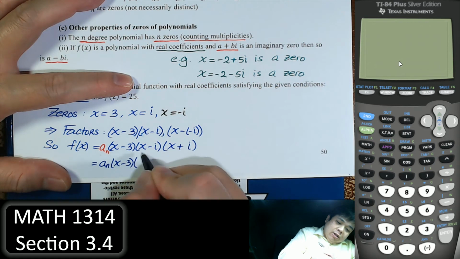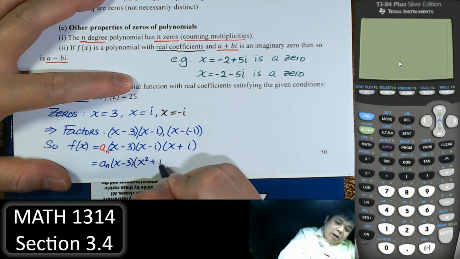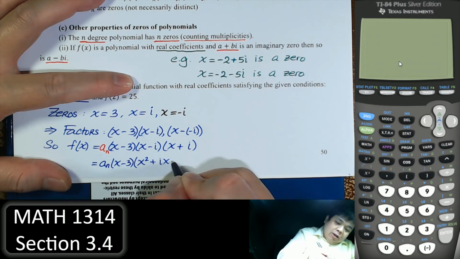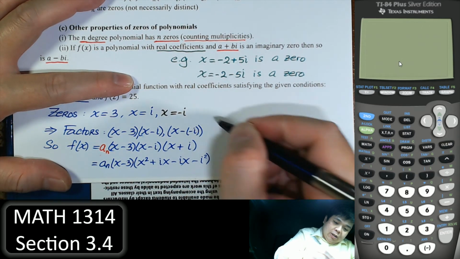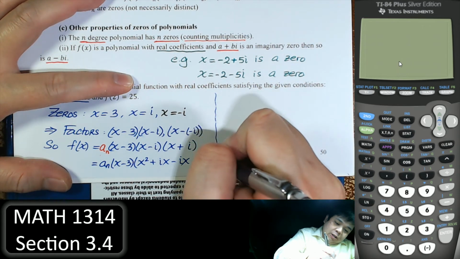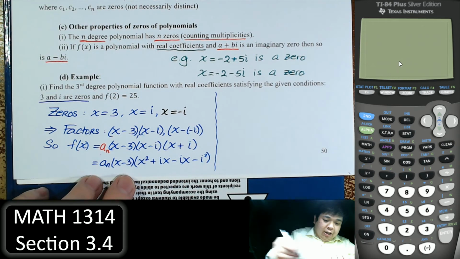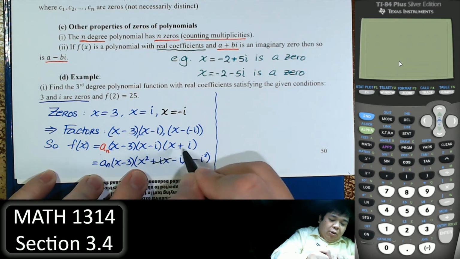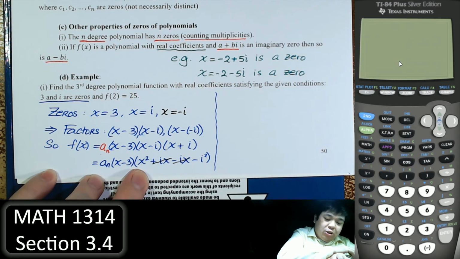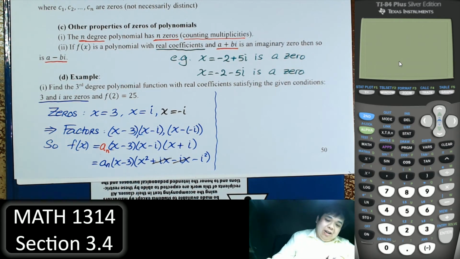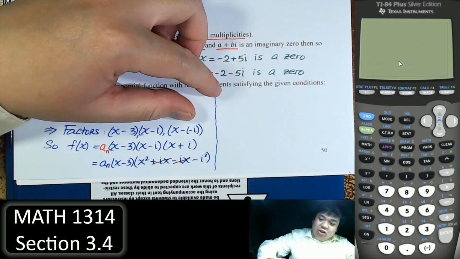Multiply this out. x times x, x squared, x times i and x times negative i, and negative i squared. Always multiply the parts that have the conjugates, the complex solutions, first, because they will cancel out. We should not have any imaginary part here.